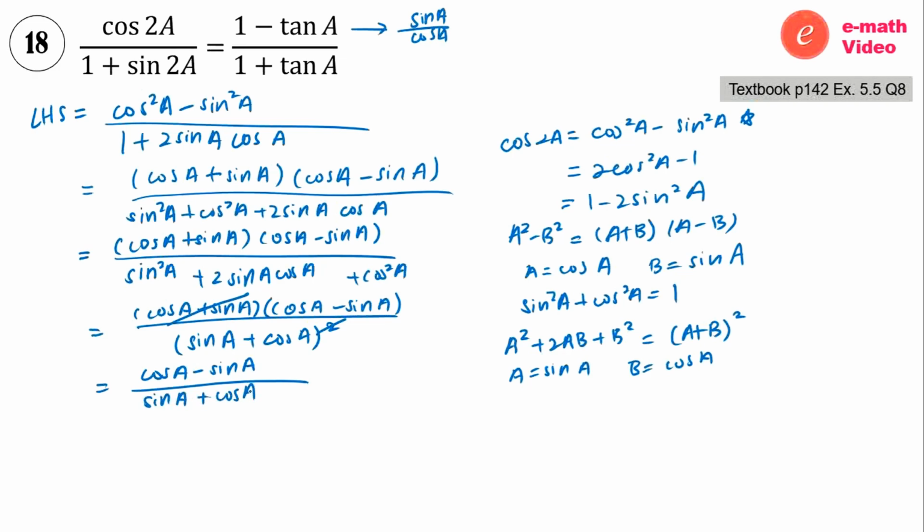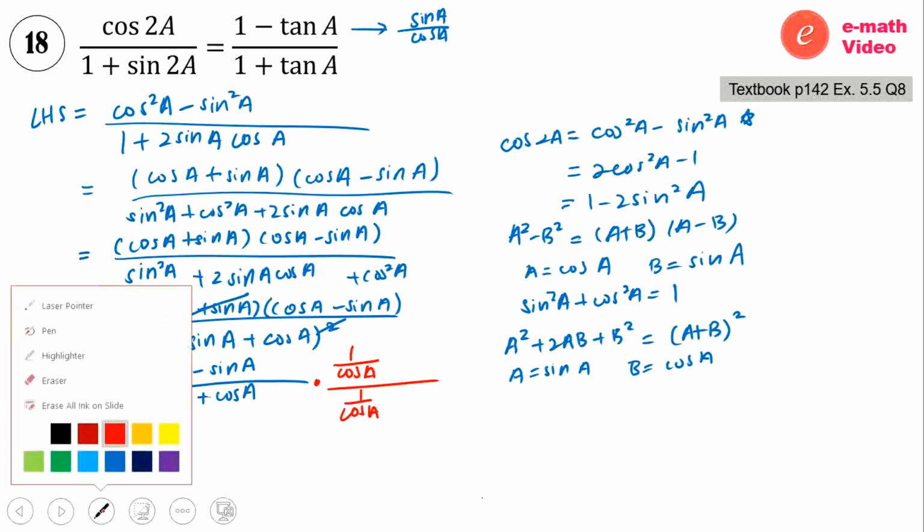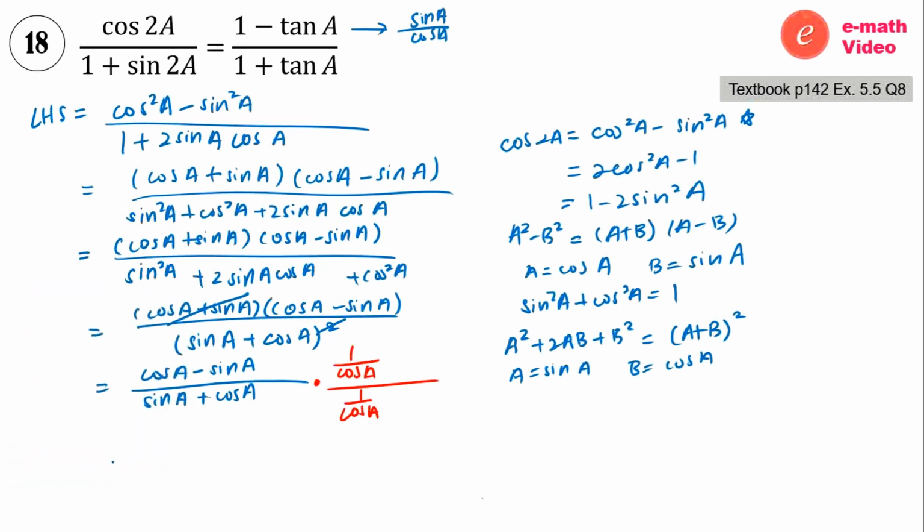Alright, and then now on top I need the tangent A, right? And we know that tangent A is sine A over cos A. And I need a 1 there. So I will multiply the whole fraction by 1 over cos A on top and 1 over cos A below. So that cos A times 1 over cos A is 1.